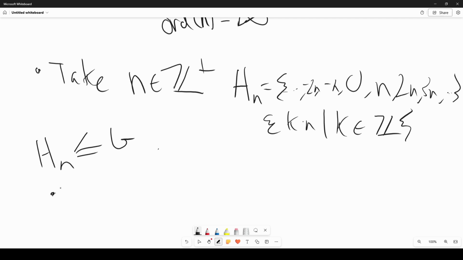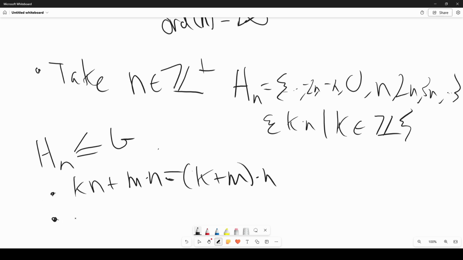Well, we see that it's closed under the law, or addition, because if you have k times n plus m times n, then this just equals k plus m times n. But of course, this is the form of something in the subgroup.